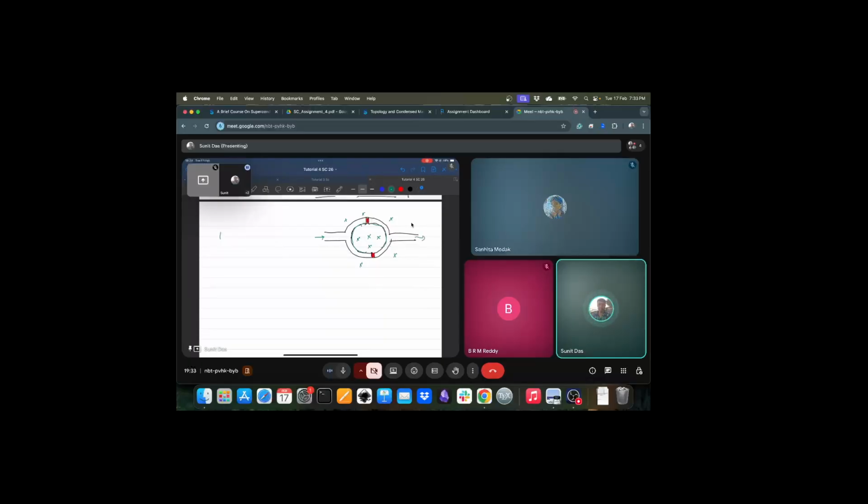So the total current in the sample will be I equal to IC of B sine delta 1 plus IC of B sine delta 2, and this depends on the magnetic field, as we have just seen. So there are two Josephson junctions, and the total current is given by this.